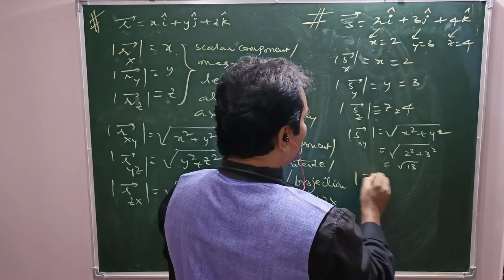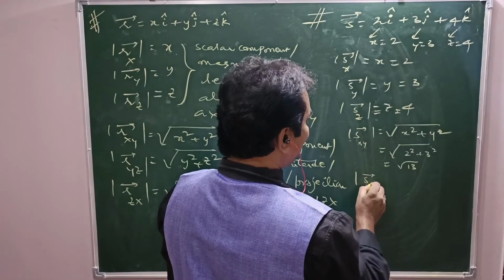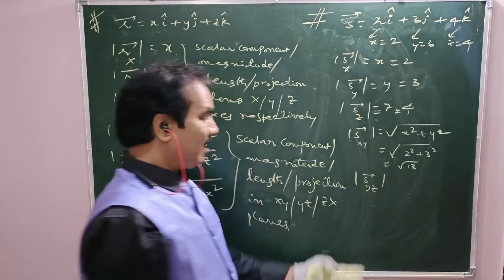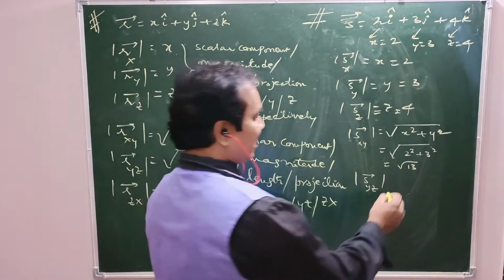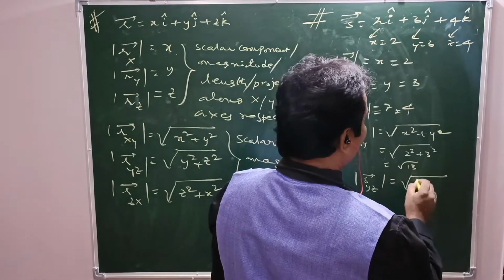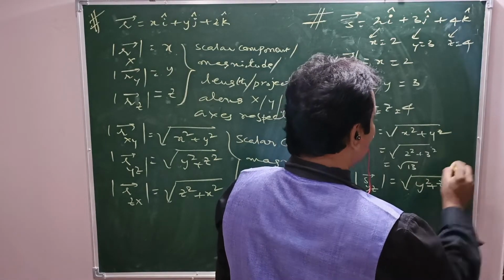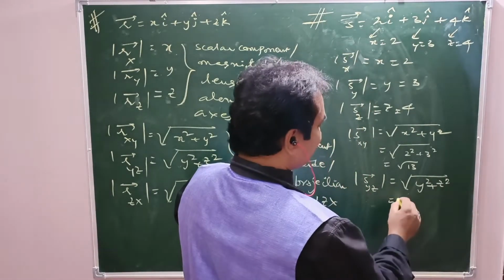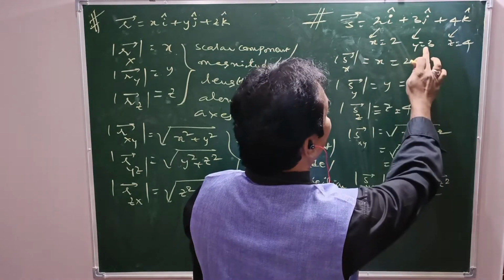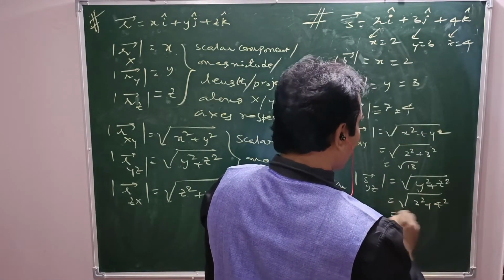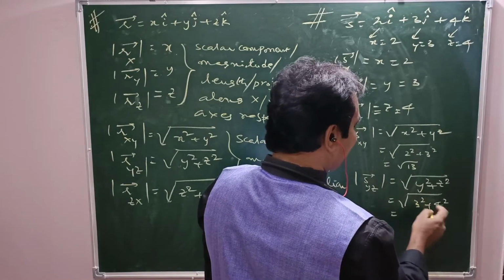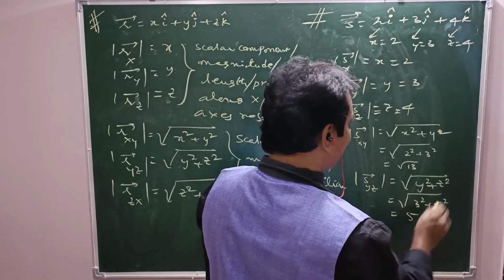Coming to mod s bar suffix yz, the length or magnitude of that vector in the yz plane is given by root over y square plus z square, that is root over 3 square plus 4 square, that is 9 plus 16, root 25, means 5.